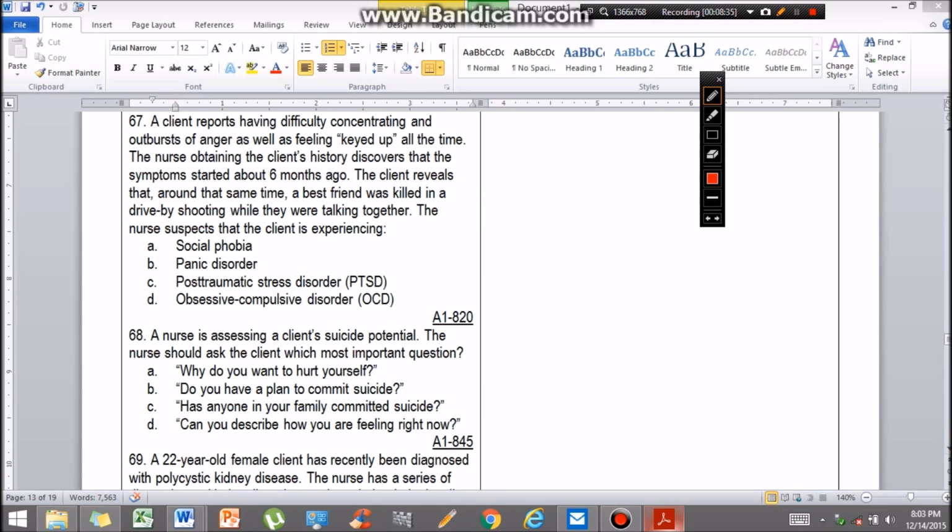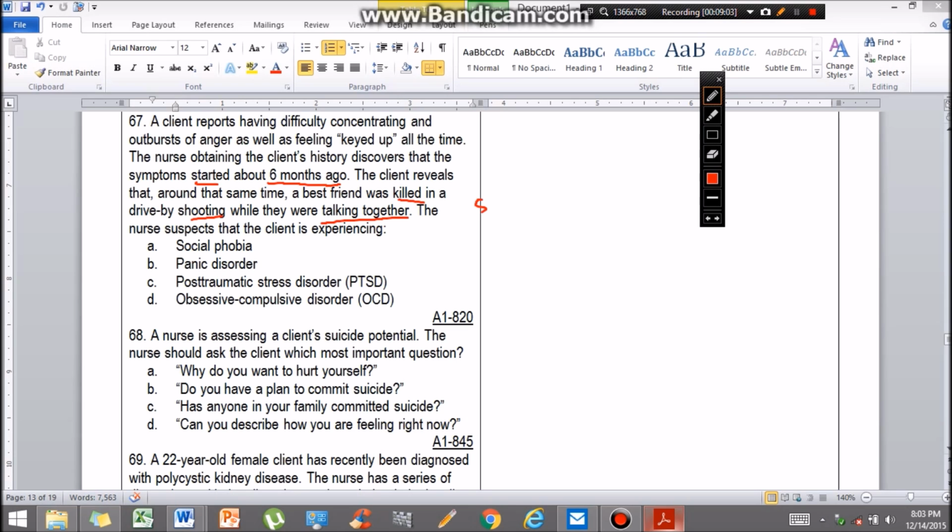Next, the client reports having difficulty concentrating and outbursts of anger, as well as feeling keyed up all the time. The nurse obtained the client history and discovered that symptoms started 6 months ago, and 6 months ago a stressful event happened. The client reveals that around the same time, a best friend was killed by shooting while they were talking together.